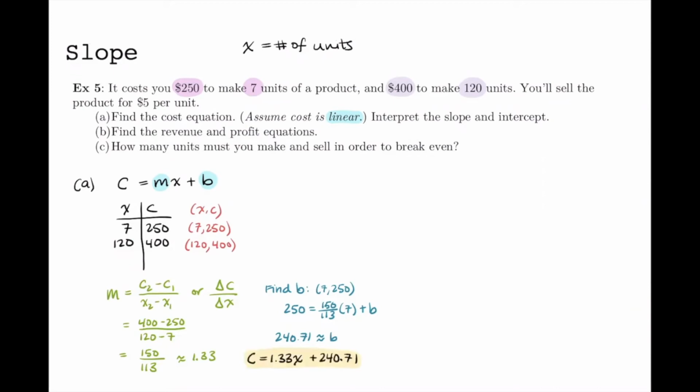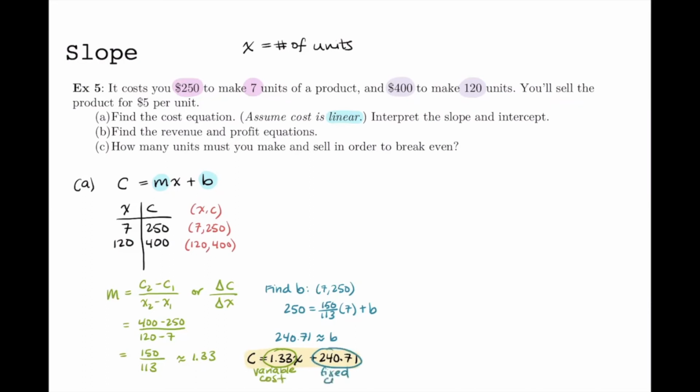Now, if we'd like to interpret the slope and the intercept in this context, we actually can now. Remember what we learned before about the cost equation. The cost equation will always have this form where the value that's multiplied by the x is the variable cost, or the cost to produce one item, and the b value, the intercept, can be thought of as the fixed cost.